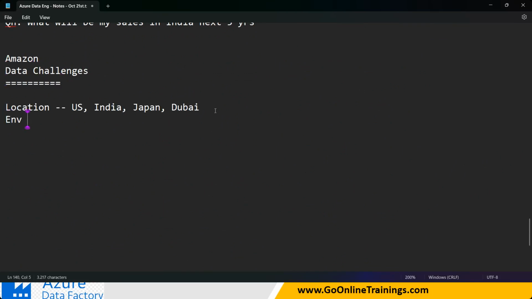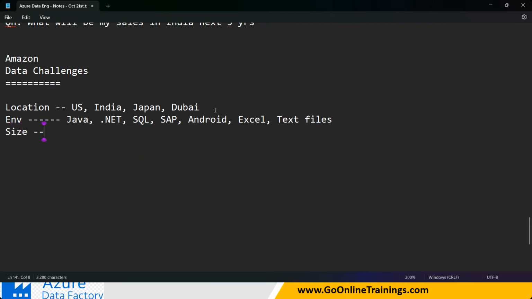What about the environment? Some of the data may be in Java, some in .NET, some in SQL, maybe in SAP, maybe in Android, maybe in Excel sheets, they don't know. Maybe in text files and so on. So this is one big issue. What is the size of the data?